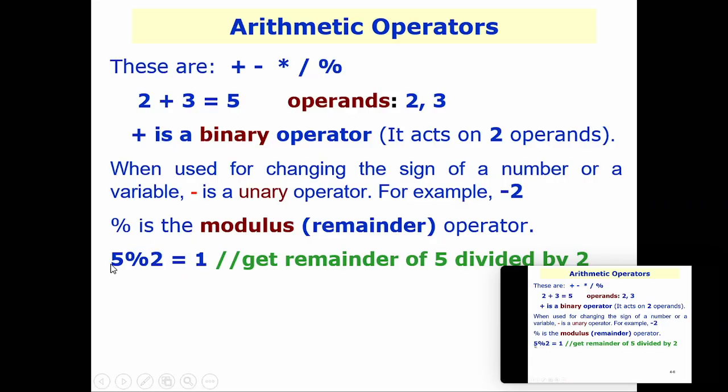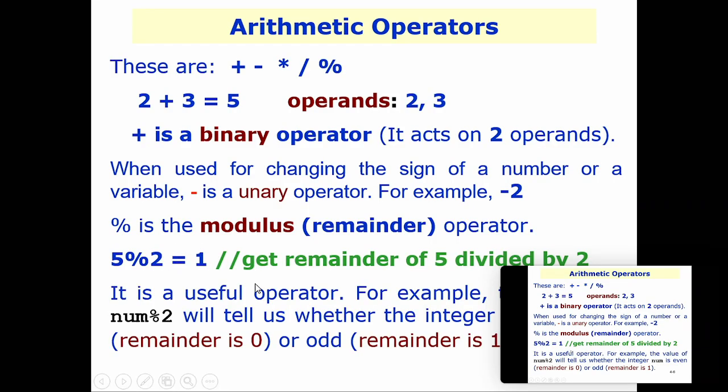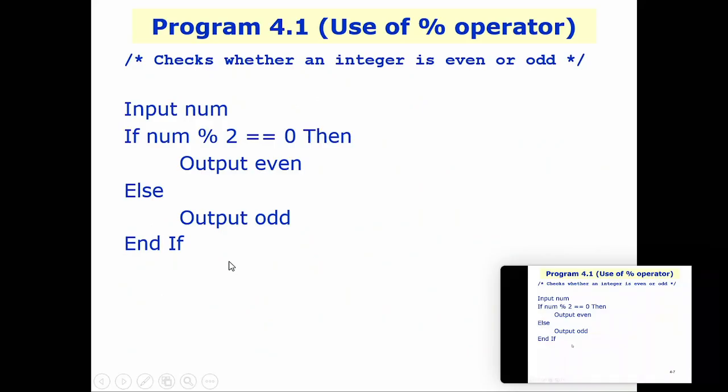So if you have 5 % 2, then yes, the remainder is 1, right? So the return value is 1. I'm going to show you how this remainder is useful later in this class, especially when we practice generation of random numbers.